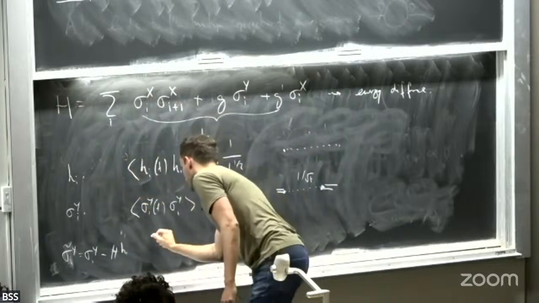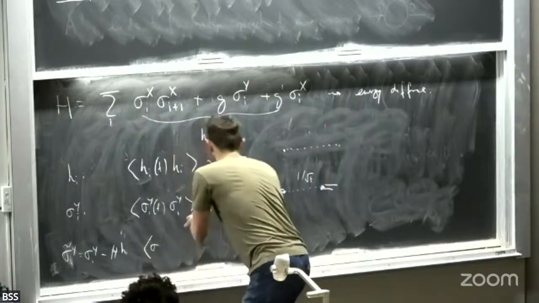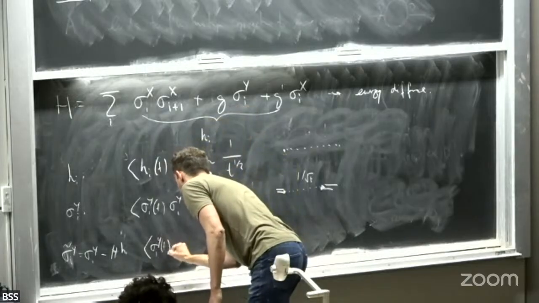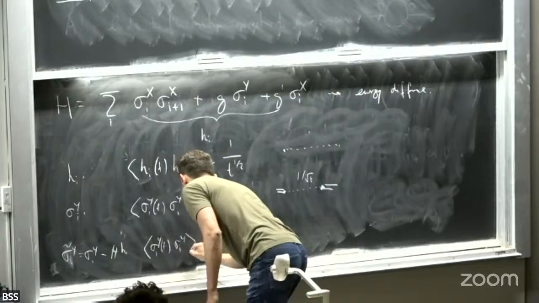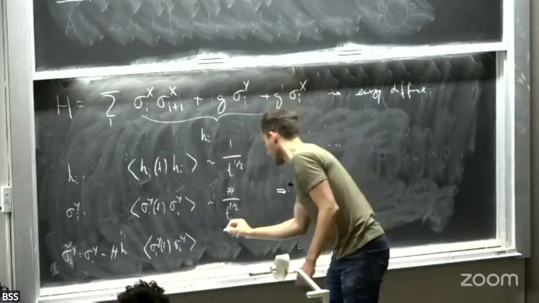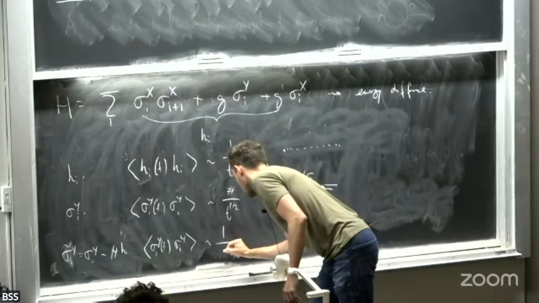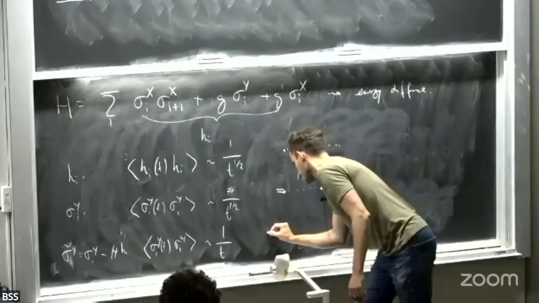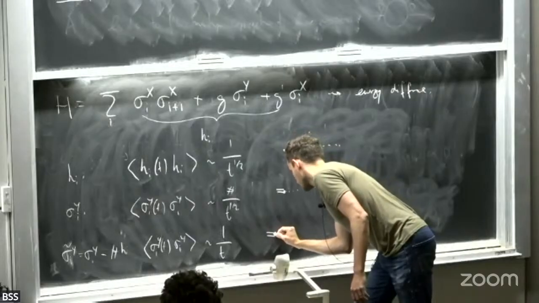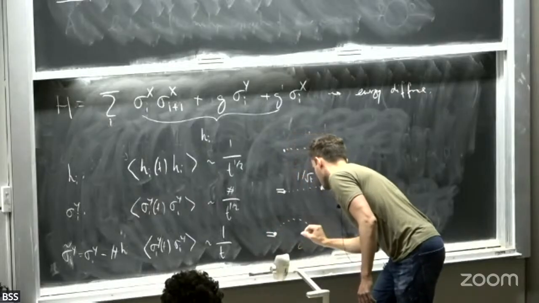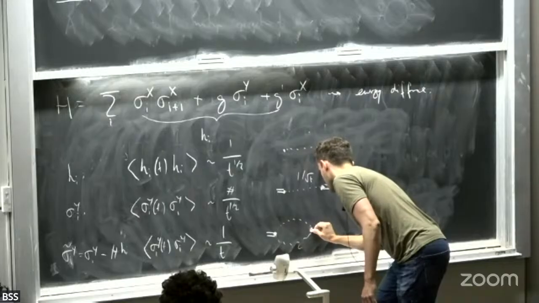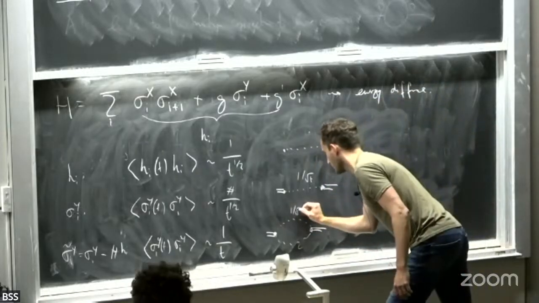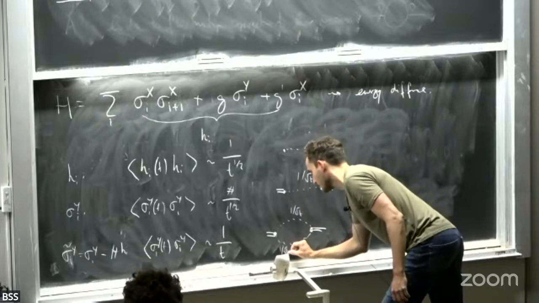By construction, I'm just canceling these two things, so it decays faster, but it turns out that it still decays polynomially, just with a slightly faster power. And the reason is that there's no symmetry that forbids it from overlapping with two diffusons, which still have long time correlations.